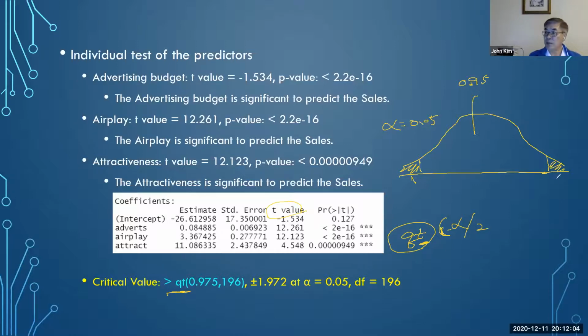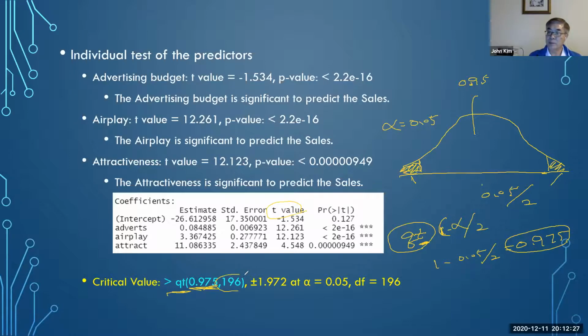Because alpha is 0.05, this area is divided by 2. So 1 minus 0.05 divided by 2 is 0.975.